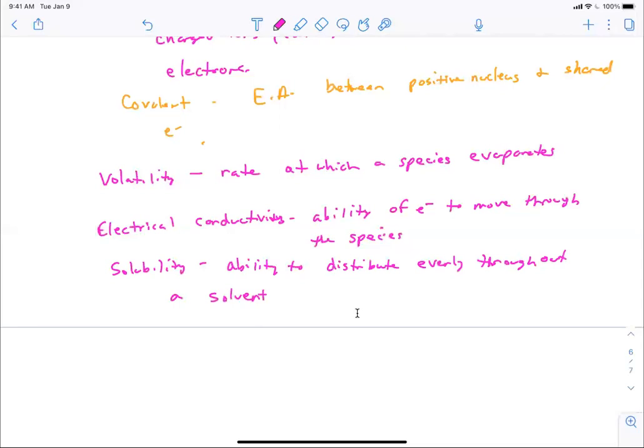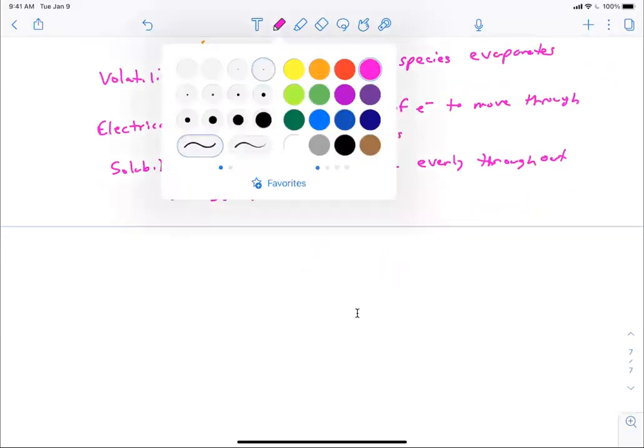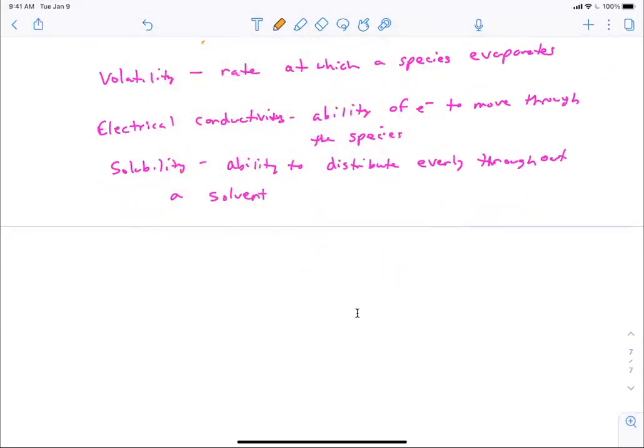When it does that, it's considered insoluble, like an insoluble precipitate. Otherwise you just have a soluble solution. So know those definitions because you may need to discuss them in other types of questions.